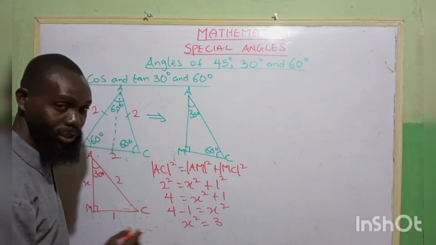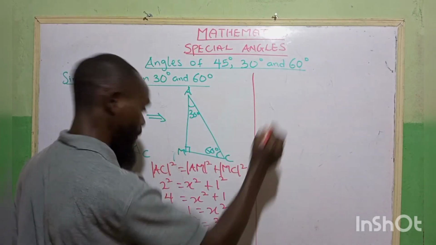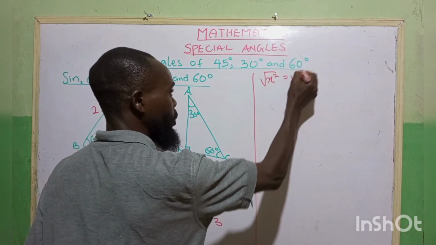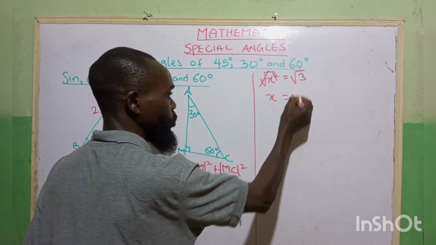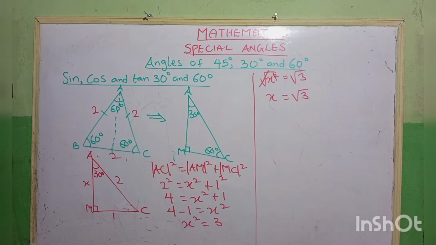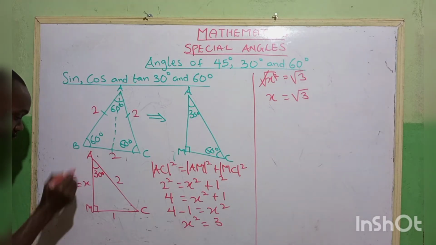We square root both sides. The square root of x squared is equal to the square root of 3. So the square cancels the square root, and x is equal to root 3. Definitely this side here is the square root of 3.